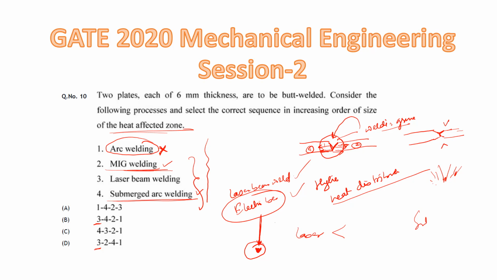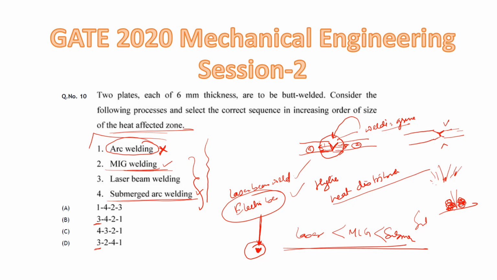But in the case of submerged arc welding, we are doing welding and we are putting flux, because the arc is submerged, means it is beneath this flux. Okay, so here more energy is required so that the flux is also going to melt and it is going to provide protection. So that's why MIG welding will come second and the last one will be submerged arc welding.